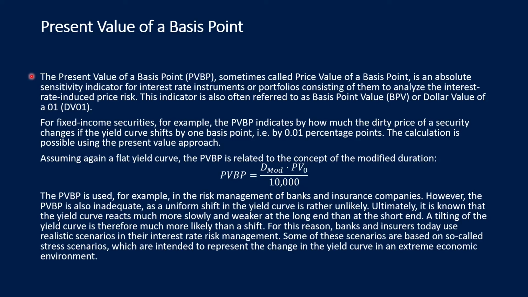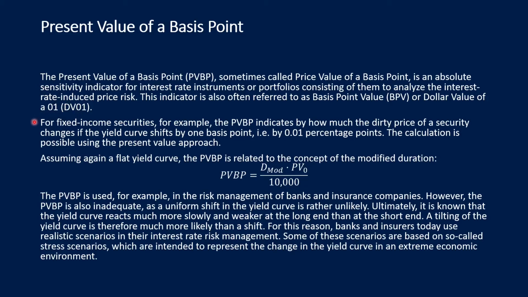The present value of a basis point, PVBP, sometimes also called price value of a basis point, is an absolute sensitivity indicator for interest rate instruments or portfolios consisting of them to analyze the interest rate induced price risk. This indicator is also often referred to as basis point value, BPV, or dollar value of a 01, DV01.